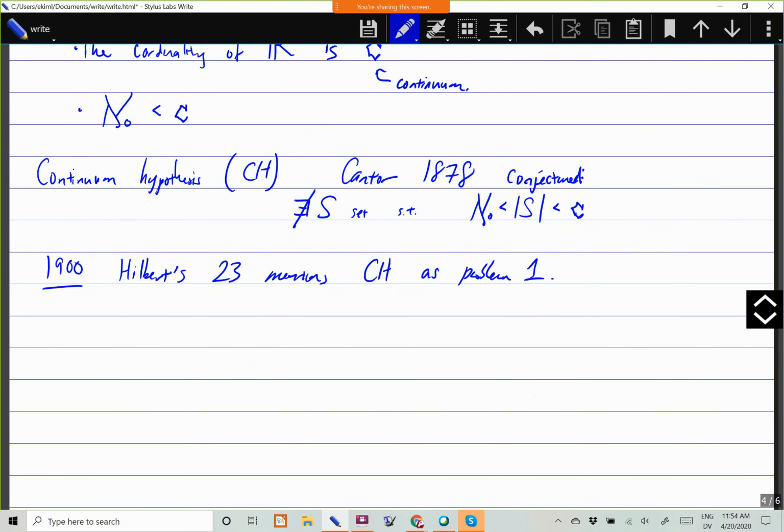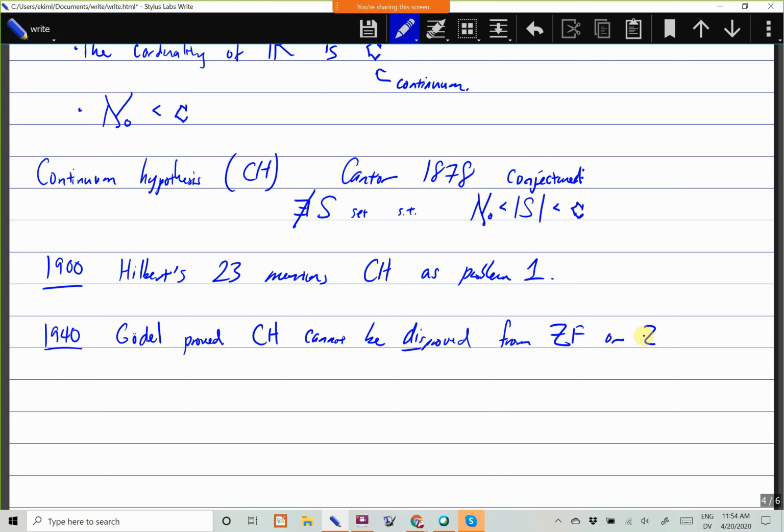And here's the funky thing. In 1940, Gödel proved that the continuum hypothesis cannot be disproved from ZF or ZFC.